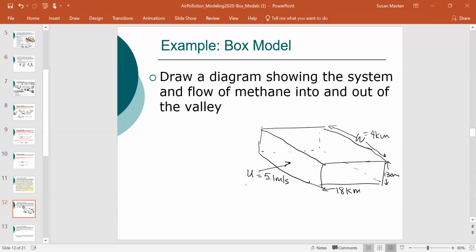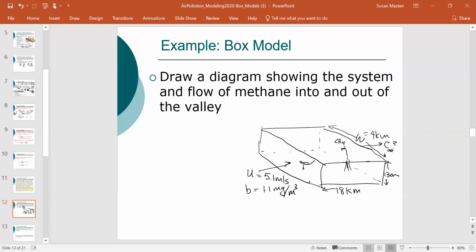We have a concentration of methane entering the cell at 1.1 milligram per cubic meter. We don't know what C out is. And we have several fracking wells that are emitting methane. And I'm not very good at drawing cows.